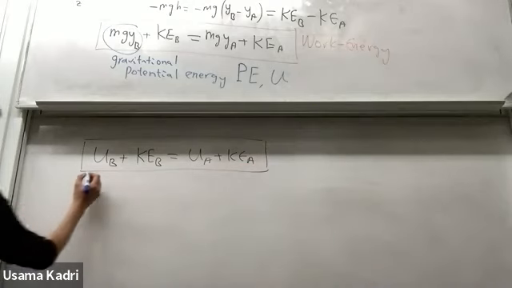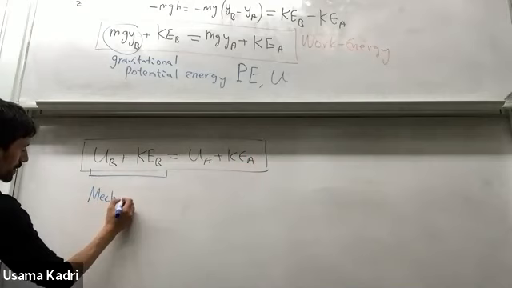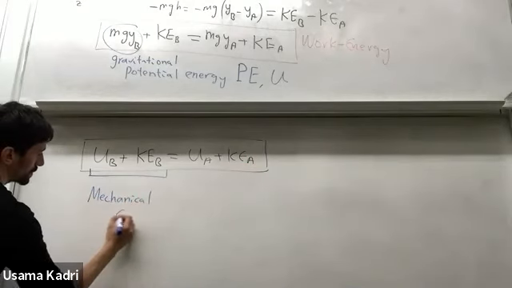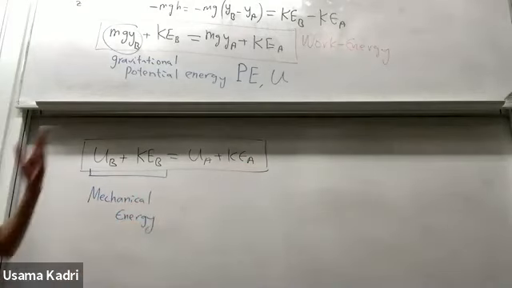Whenever you have these two together, we refer to that as mechanical energy. In the problems that we're dealing with above, this is conserved. So if the kinetic energy goes up, then the potential energy has to go down.